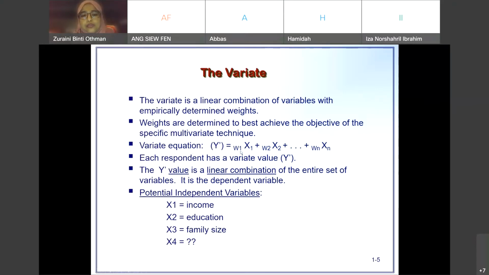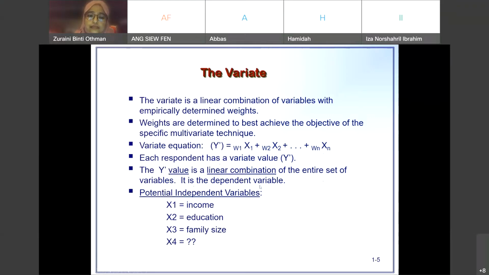Y prime is equal to W1 X1 plus W2 X2 and so on until Wn Xn. W1 is the weight for variable X1, W2 is the weight for variable X2, and so on until Wn is the weight for Xn. Each respondent has a variate value. The variate value is a linear combination of the entire set of the variables.